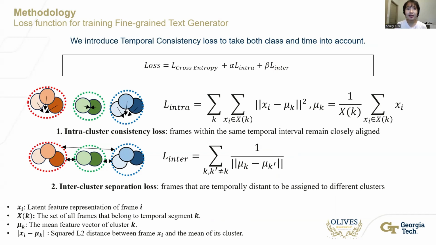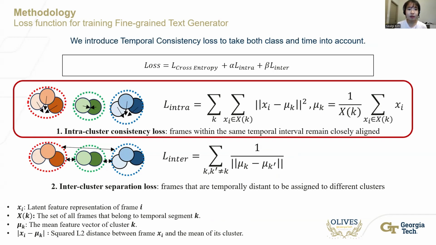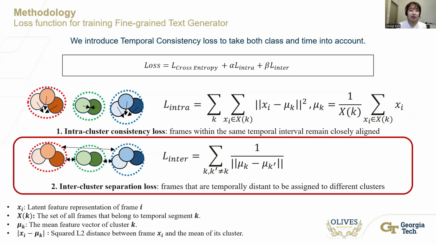This loss consists of two components. Intra-cluster consistency loss, which pulls feature representations within the same subaction cluster together, and inter-cluster separation loss, which pushes representations from different clusters apart.